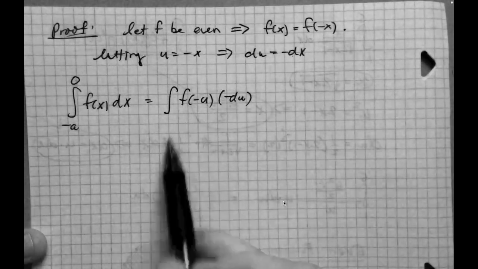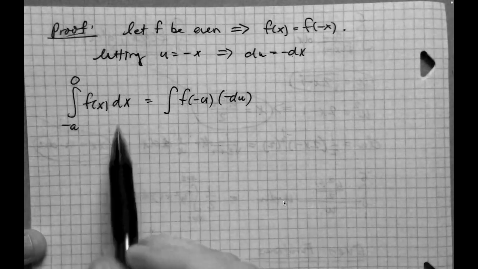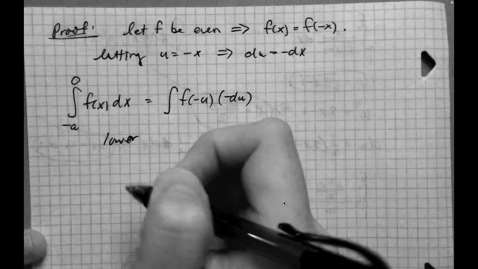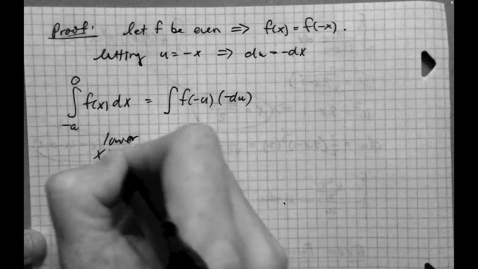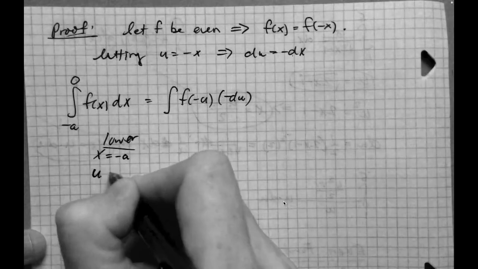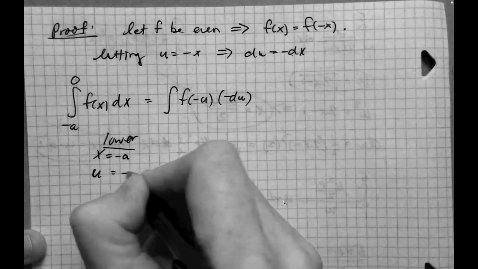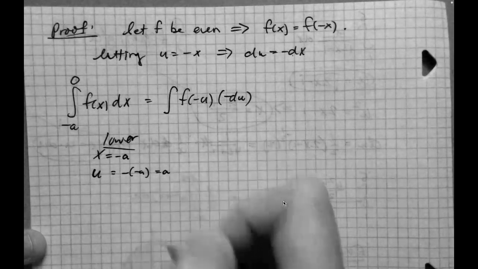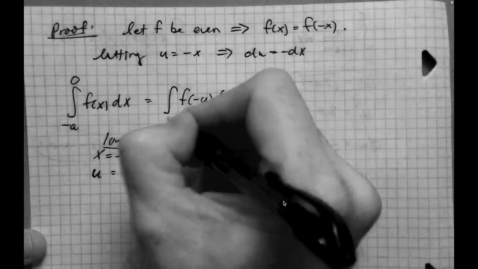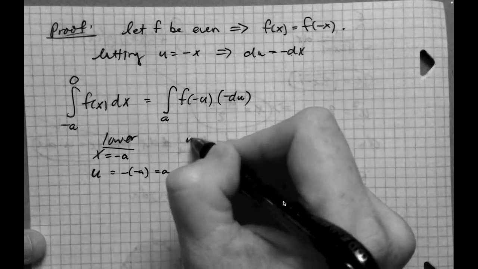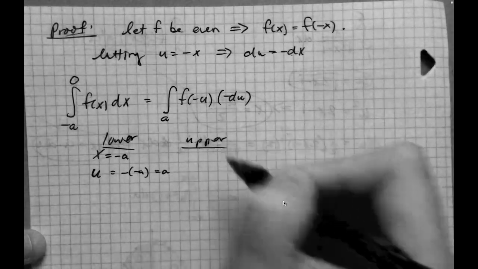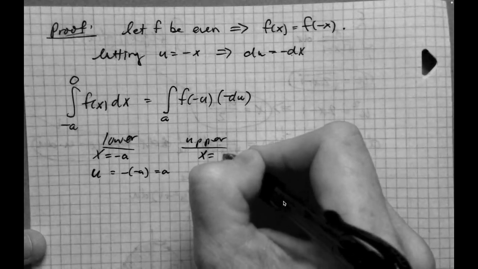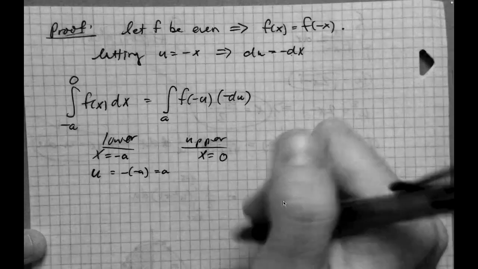We need to adjust the bounds here. So if x is equal to negative a, then u is equal to negative negative a, which is just a. So I get a here. On the upper bound, if x is equal to 0, of course, the bound will stay the same, right?